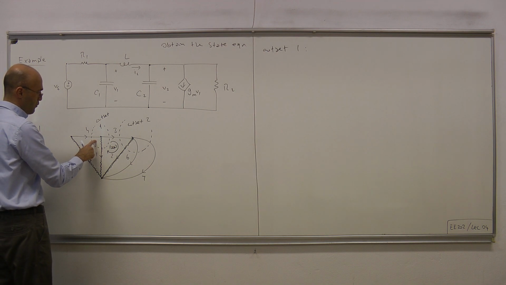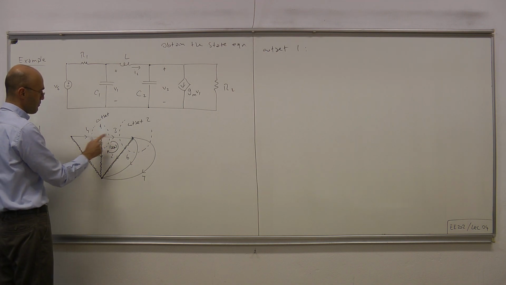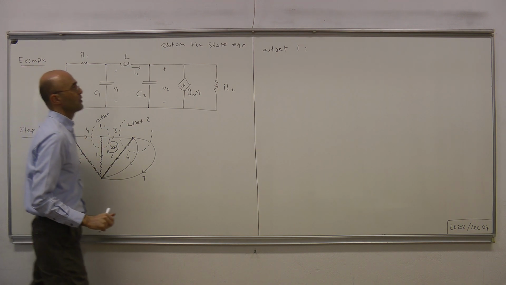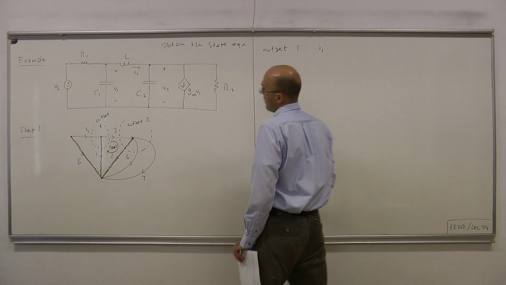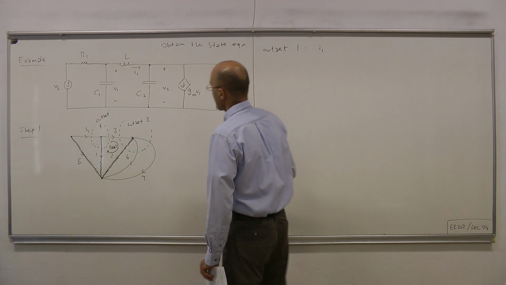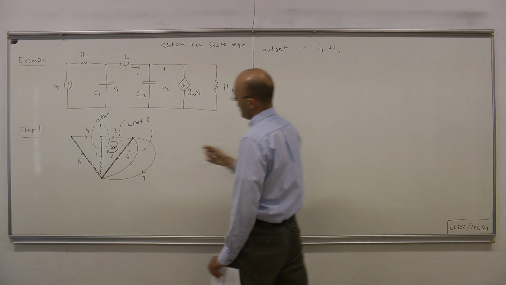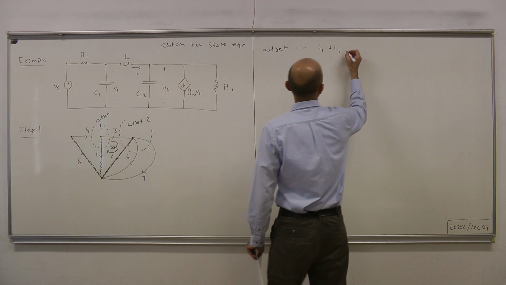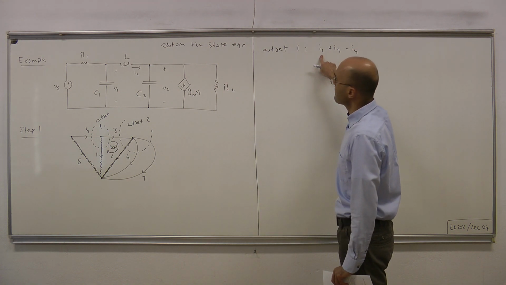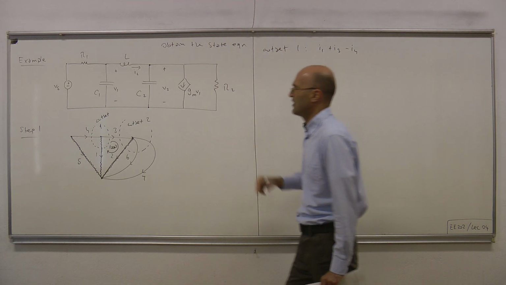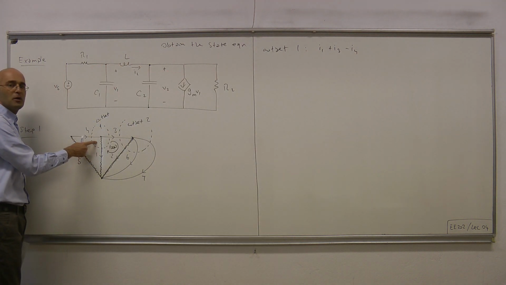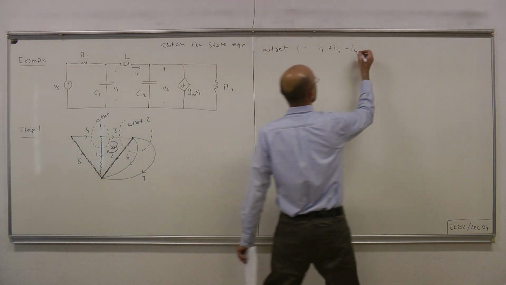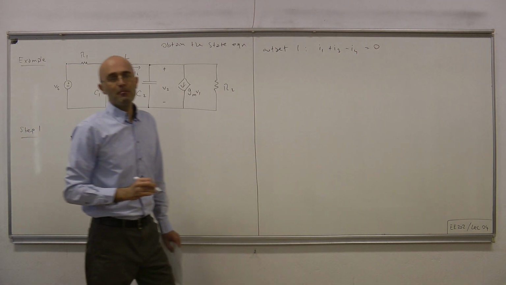There are 3 branches associated with cut set 1: 1, 4, and 3, and therefore, if you write KCL in that cut set, what you have is I1 plus I3 plus this current, which is minus I4. We're treating all the currents as if they are leaving the cut set. In this case, what we're doing is no other than writing the node equation at this node. And by KCL, this sum must equal 0.